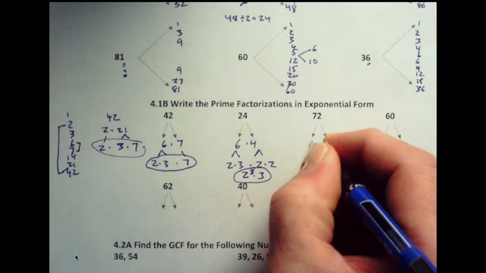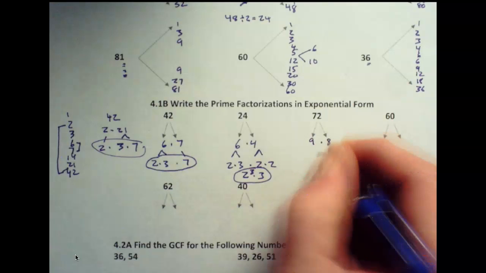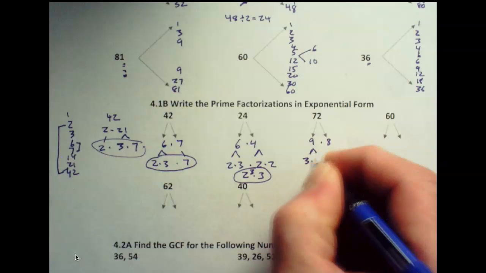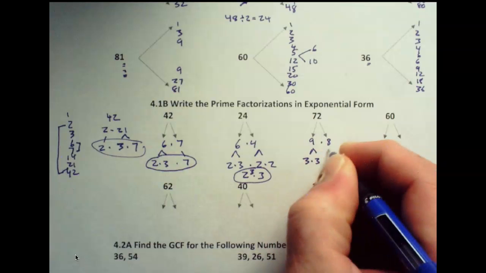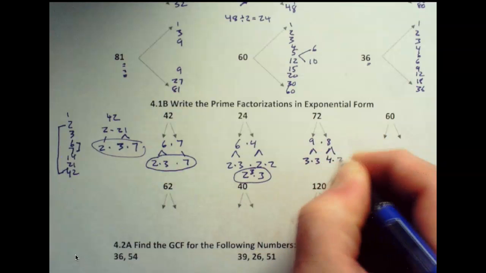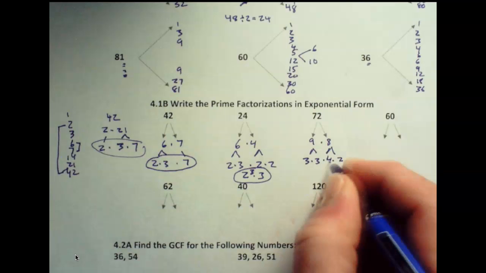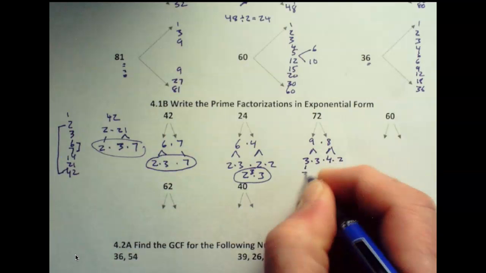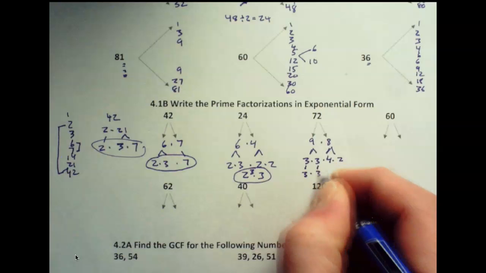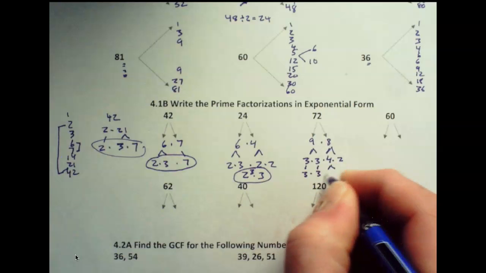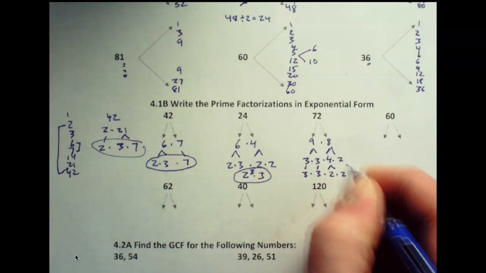72, again, I'm going to pick ones that are close. 9 times 8. This would be 3 times 3. This would be 4 times 2. I still got one number that's not prime here, so this is a prime. 3 is a prime. I can break this down into 2 times 2, and then I've still got this 2.